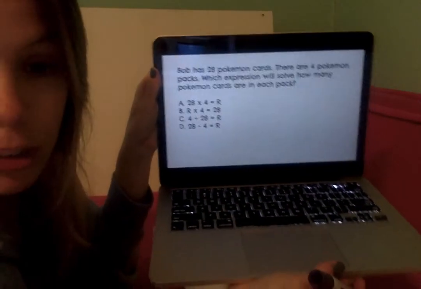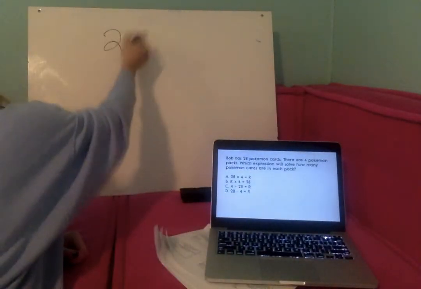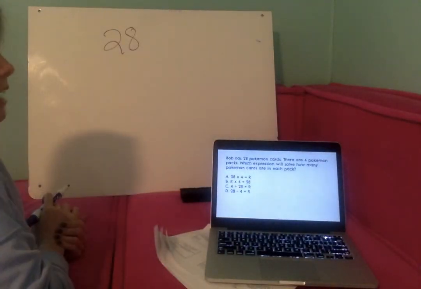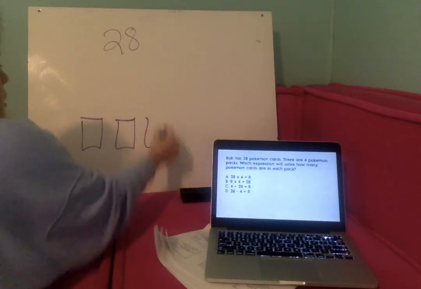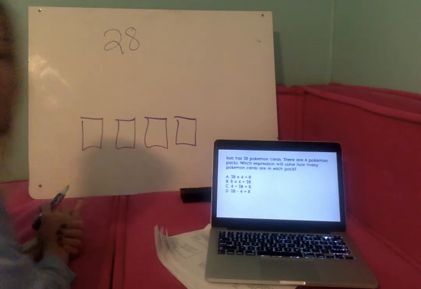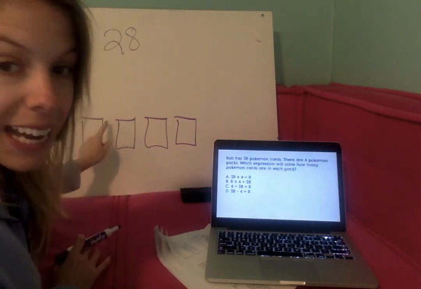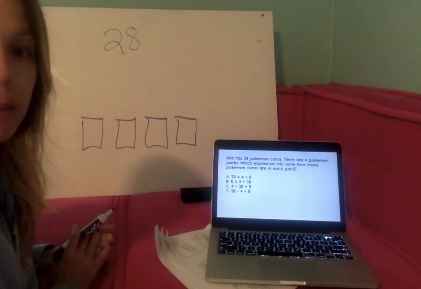Whether that expression is here or not is a different story. But we know that if Bob has 28 Pokemon cards and he has 4 packs, that means if I were drawing a picture, 1, 2, 3, 4, how many Pokemon cards are in each pack? There's not 28 in each. There's 28 in all. So that means we have to figure out how many are in each.